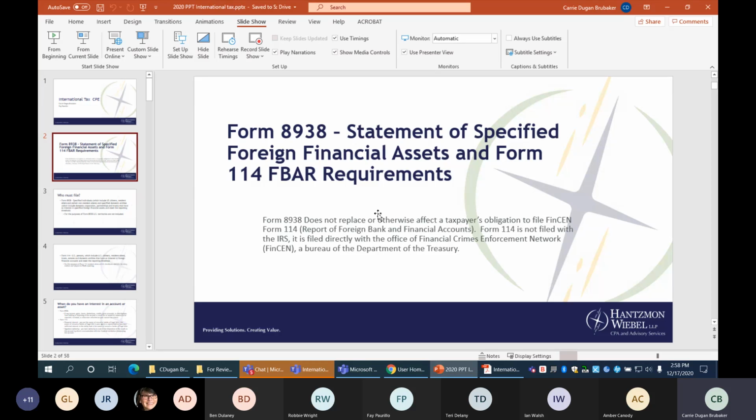While they're both reporting about assets held overseas, the filing thresholds and the reporting requirements are somewhat different. The 114 is not filed with the IRS. That's filed with the Financial Crimes Enforcement Network, which is a bureau of the Department of the Treasury.